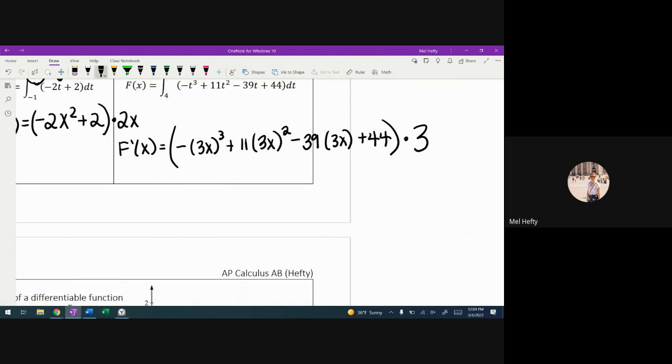Oh wait, maybe it was a different one. But it has this cute inside. Yeah, it has the hyperbola.